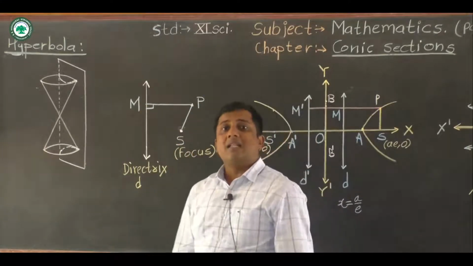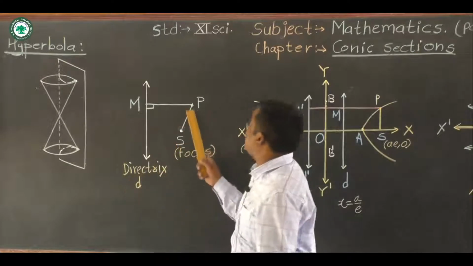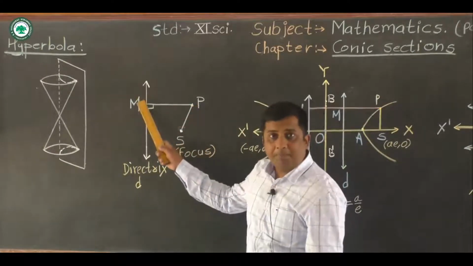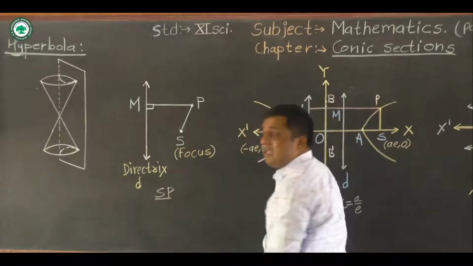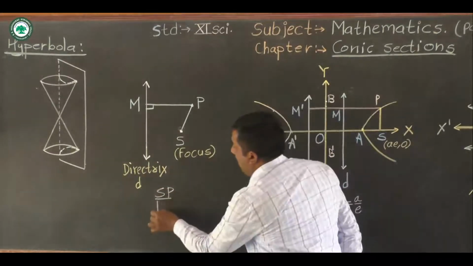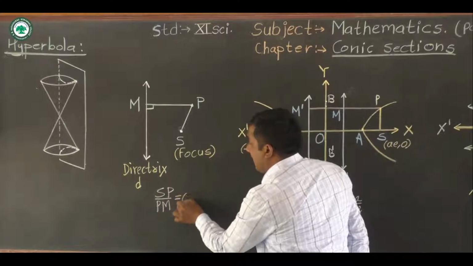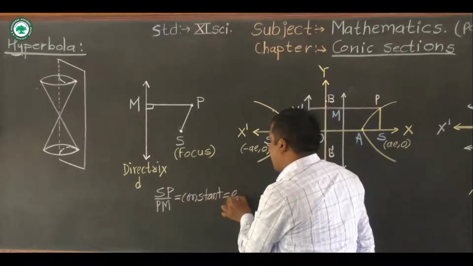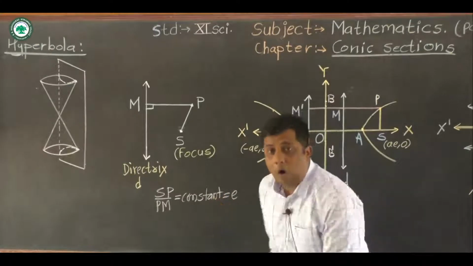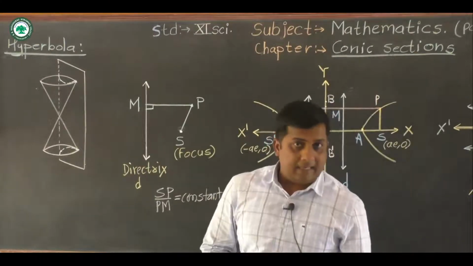We consider the ratio of SP and PM. This ratio SP upon PM is a constant, and we denote it by E, the eccentricity.